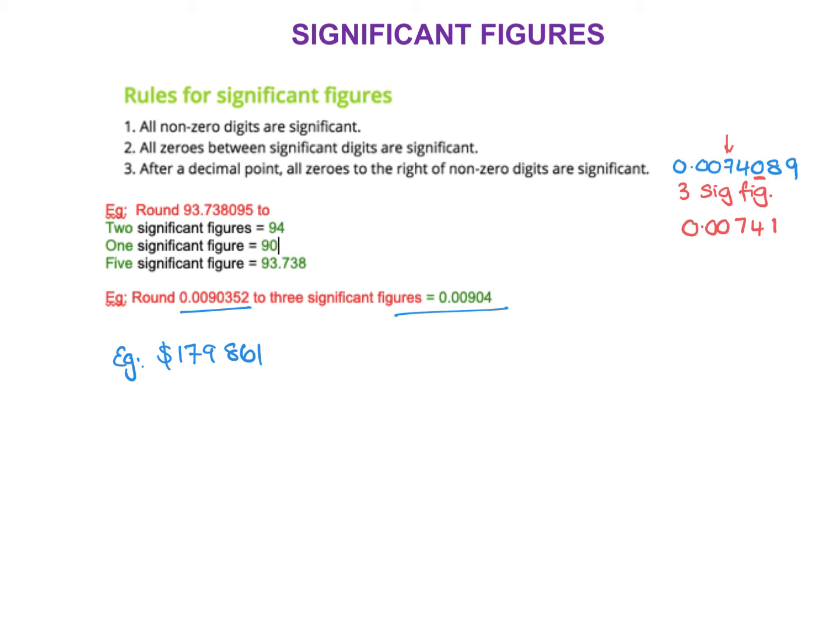So if I said 2 significant figures here, I start counting as soon as I get the non-zero numbers. So for this, it would be 1. Now, I look at the third one, it would be 8.